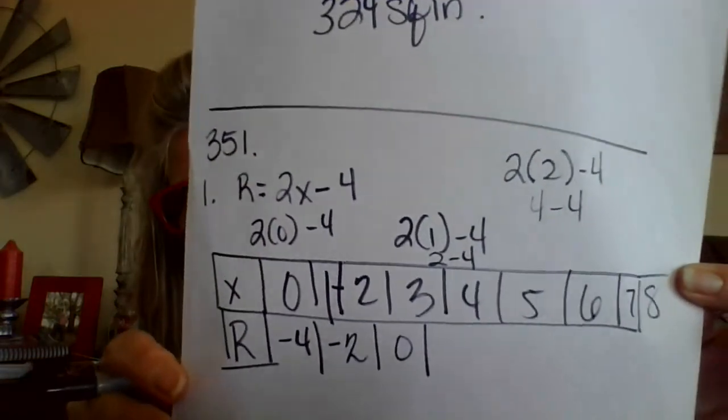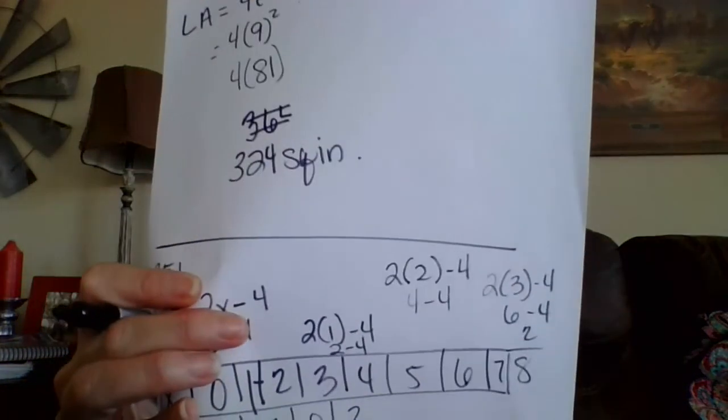Now you're going to plug in 2: 2 times 2 minus 4. 2 times 2 is 4, 4 minus 4 gives you 0. Then you have 3: 2 times 3 minus 4, 6 minus 4 equals 2. So you have 2 for that answer.